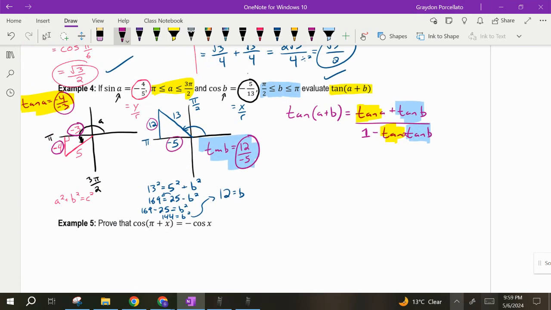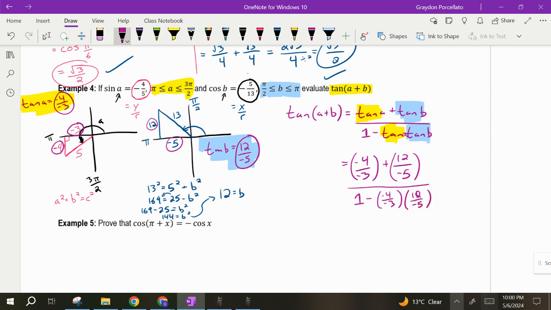So we get equals tan A is -4 over 3 plus tan B was 12 over -5 all over 1 minus tan A, which is -4 over -3, and that's 12 over -5.